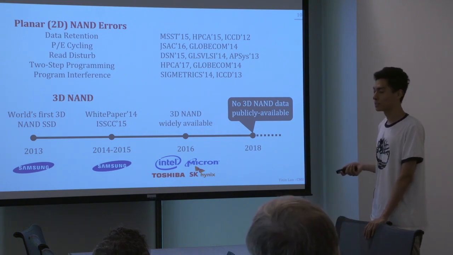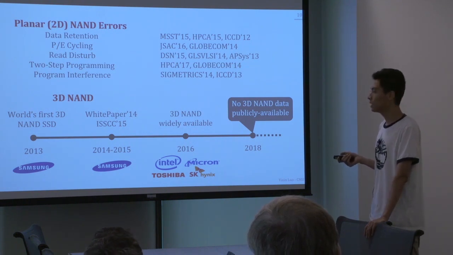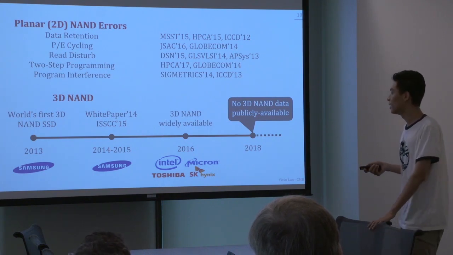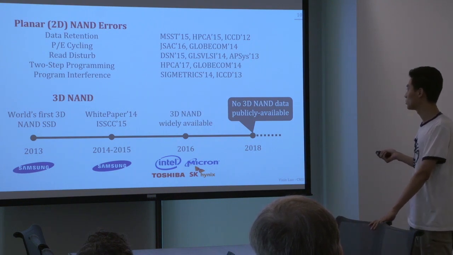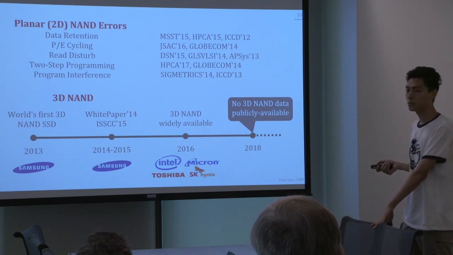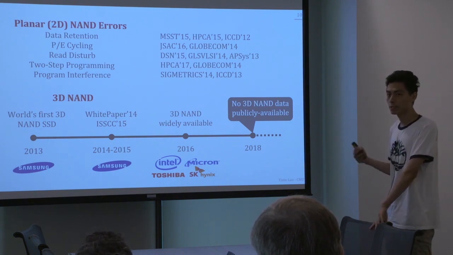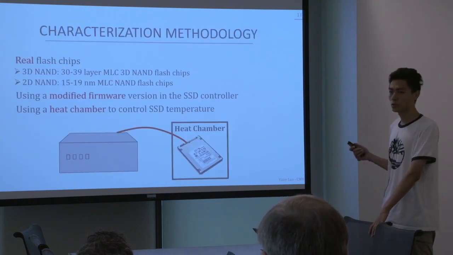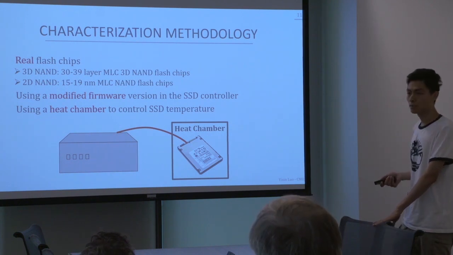However, for 3D NAND, whose mass production model was first introduced in 2013, up until this work there's been no publicly available 3D NAND data that characterize the 3D NAND errors. So we wanted to get these results through real device characterization, and this is our characterization methodology.